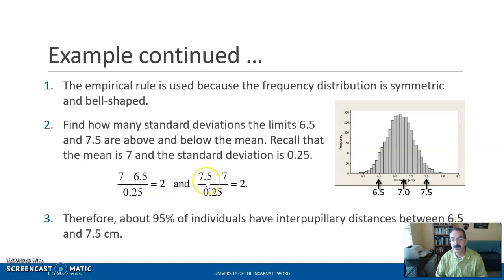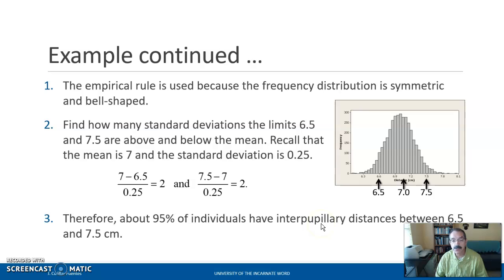And the distance between 7.5 and the mean, 7, divided by 0.25, is also 2 standard deviations. So the range from 6.5 to 7.5 is 2 standard deviations below the mean and 2 standard deviations above the mean.